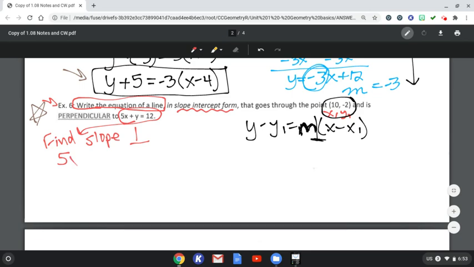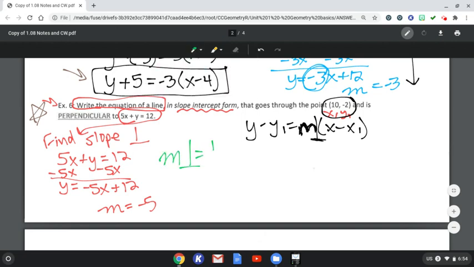So our 5x plus y equals 12. Subtract 5x from both sides. We get y equals negative 5x plus 12. Means that our slope right now is negative 5. Therefore, the slope perpendicular is positive 1/5.